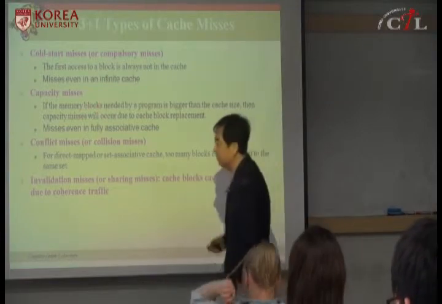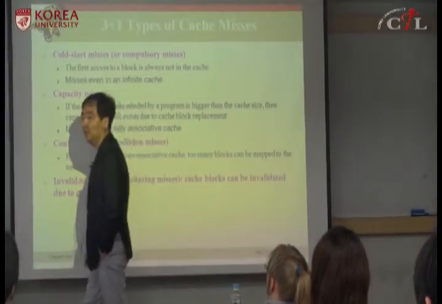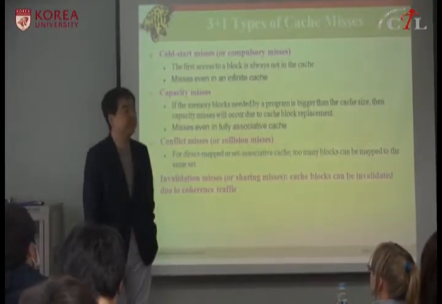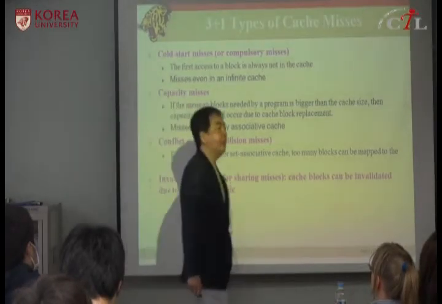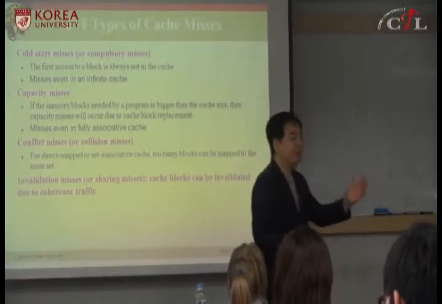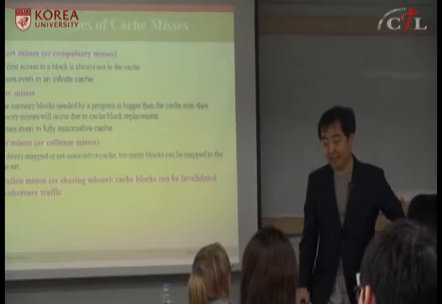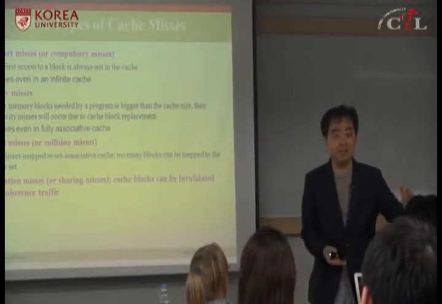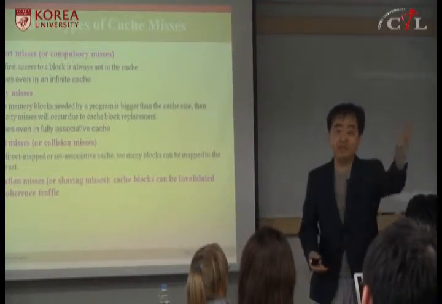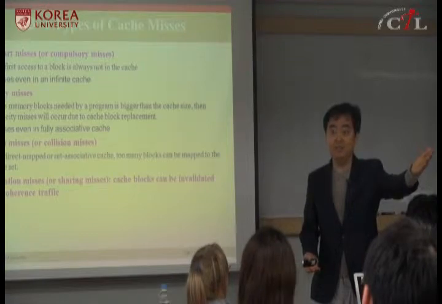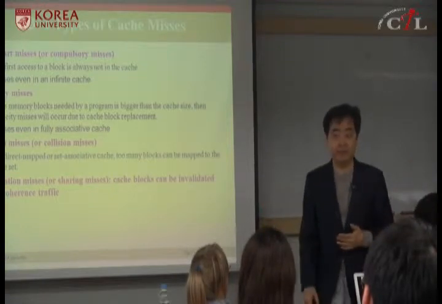The second type of miss is called capacity miss. Capacity miss is because of the size. If your cache size is a little bit bigger, the block will still remain in the cache. But because of the size limitation, you have to evict it. Right? This is called capacity miss.